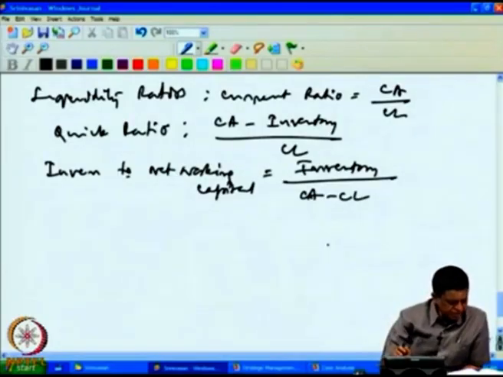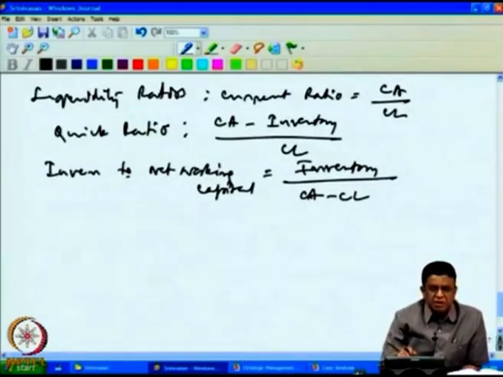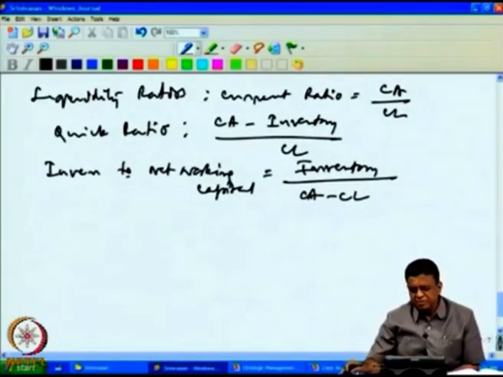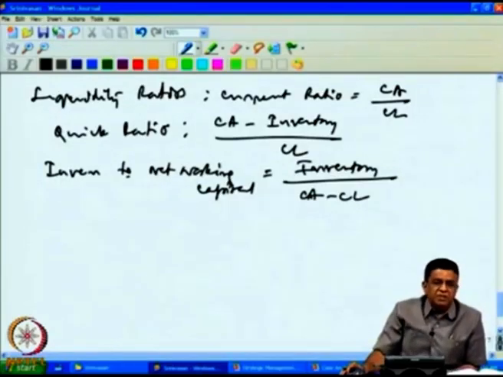So, you take the stock of the inventories divided by current assets minus current liabilities. What does it give you? It gives you a measure of the extent to which the firm's working capital is tied up in inventory.